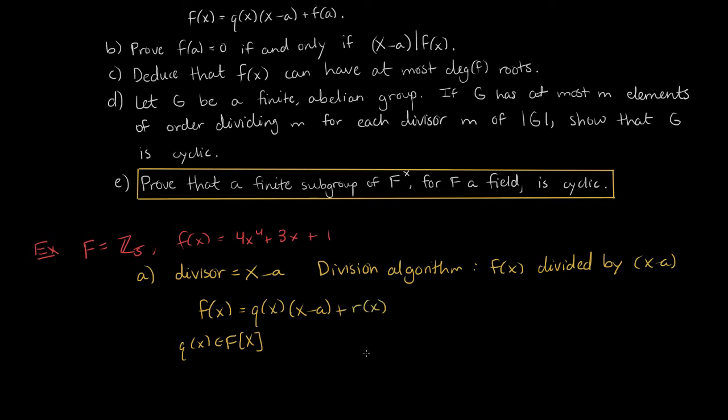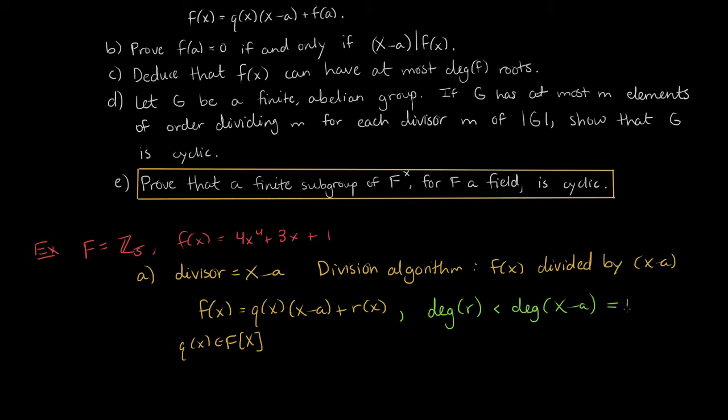But think about this remainder function. x minus a here has degree 1, so what if the remainder function was something like x squared? Well, it wouldn't make sense, because if the degree of r(x) is ever greater than the degree of x minus a, then we could actually pull out parts of r(x) into q(x). So not only does the division algorithm guarantee this, it also guarantees a second clause, which is that the degree of r(x) is guaranteed to be less than the degree of the divisor, which is here x minus a.